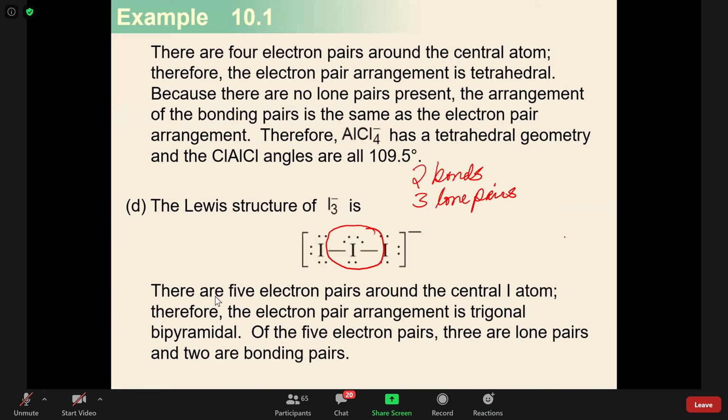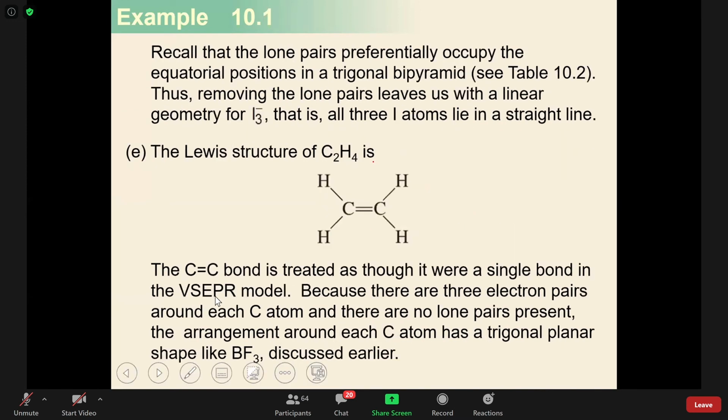And notice that this would have trigonal bipyramidal EP geometry, but is linear in terms of its molecular geometry. So once again, we have a distinction. Very good.